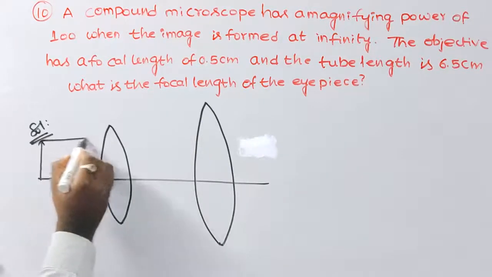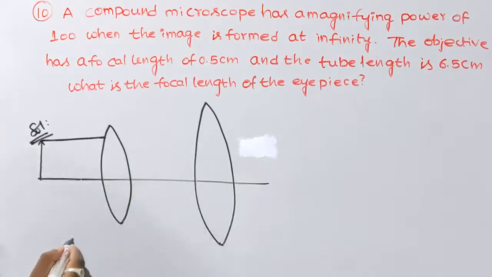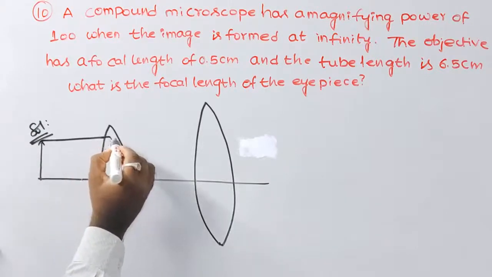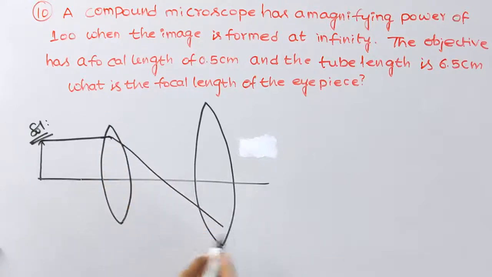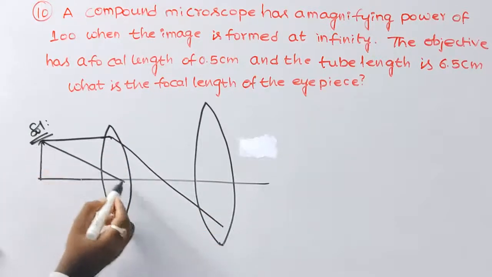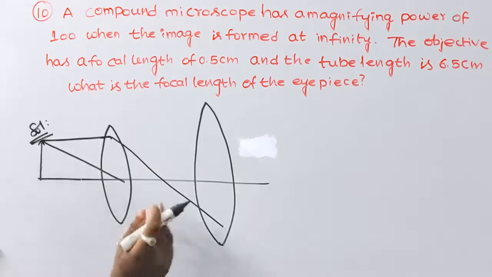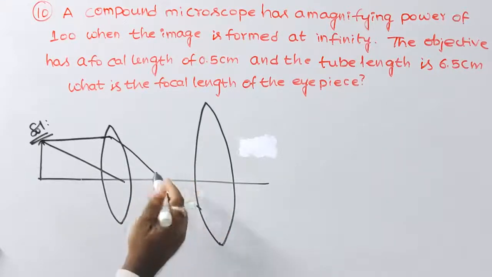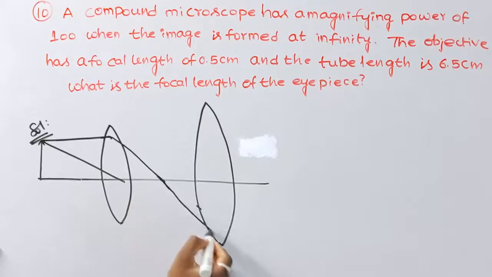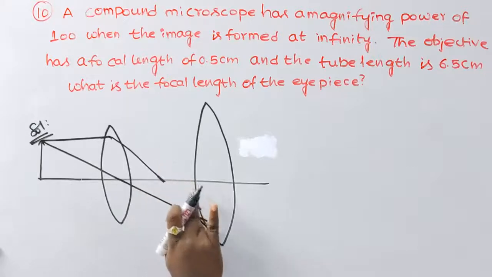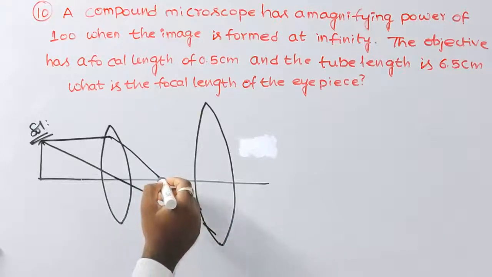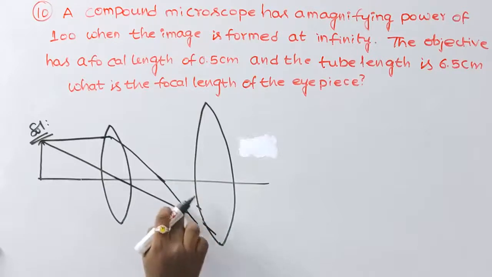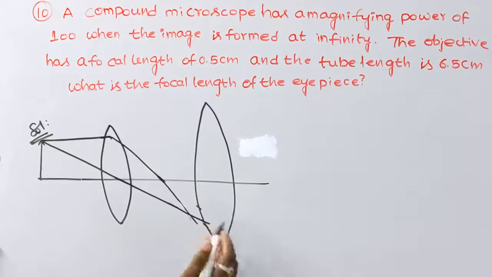One ray is parallel to the principal axis, and the second ray is passing through the optic center. Okay, in this way.